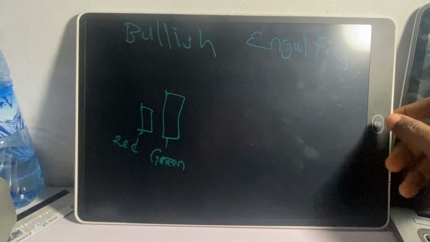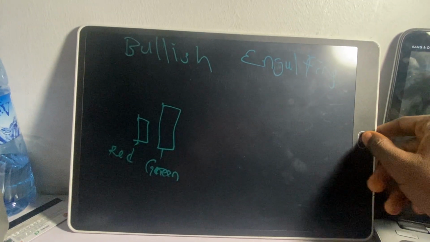How do we identify this candlestick? This is simple to identify. You have to look for this candlestick below a downtrend market, a market that is retracing.